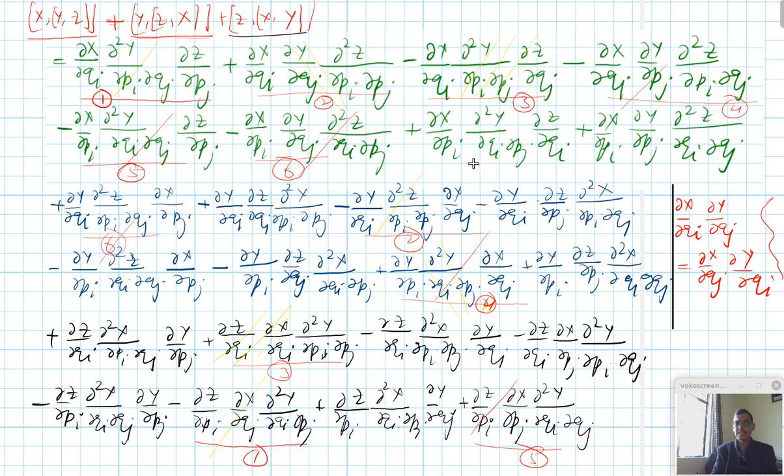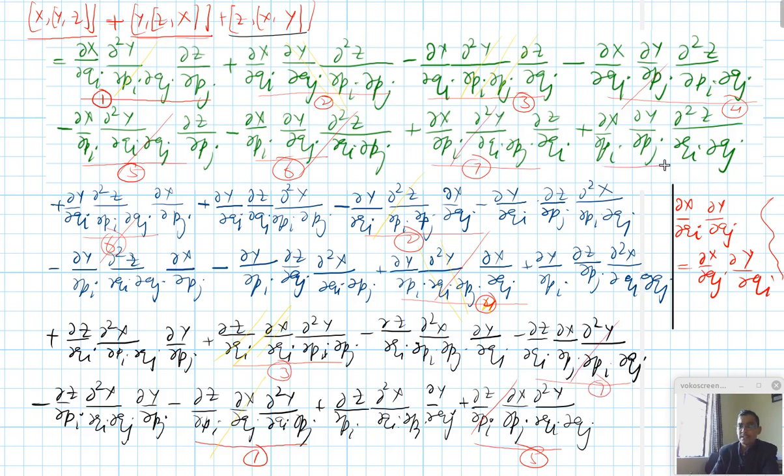Then the seventh term is equivalent to one more term, yeah, it is this one. Both are equal and opposite, so they will cancel out.